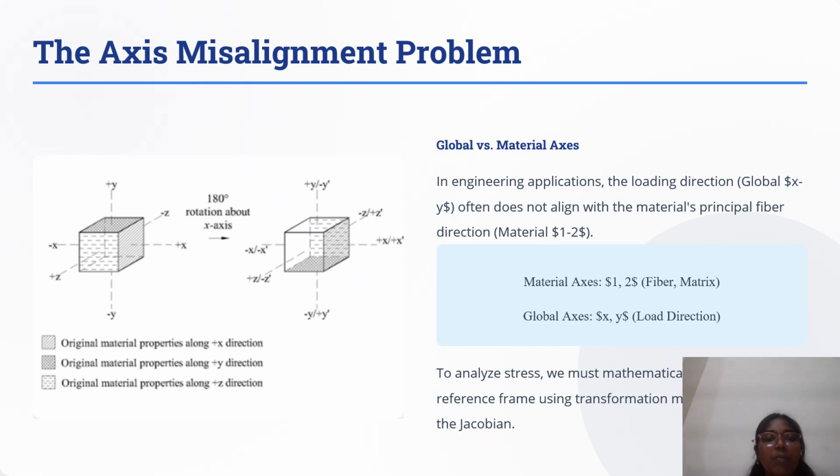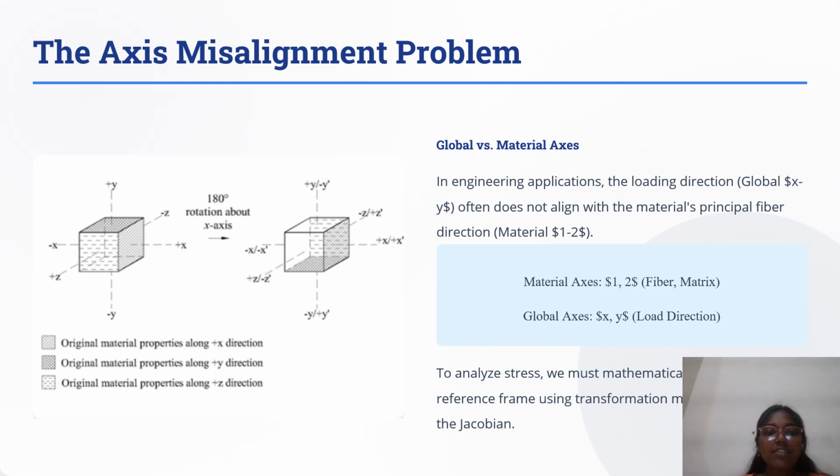The use of the Jacobian matrix for stress strain transformation under coordinate rotation in orthotropic materials provides a robust and systematic method to handle complex material behavior. By applying the Jacobian, one can accurately transfer stresses and strains between different coordinate systems, ensuring that the material's anisotropic properties are correctly represented.